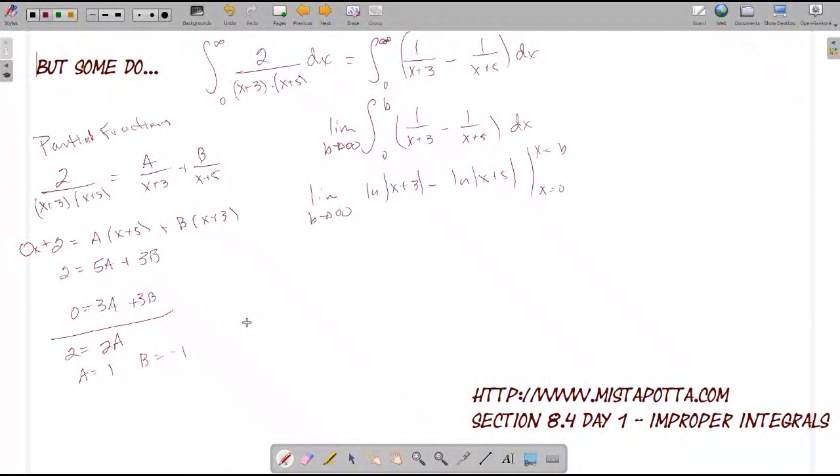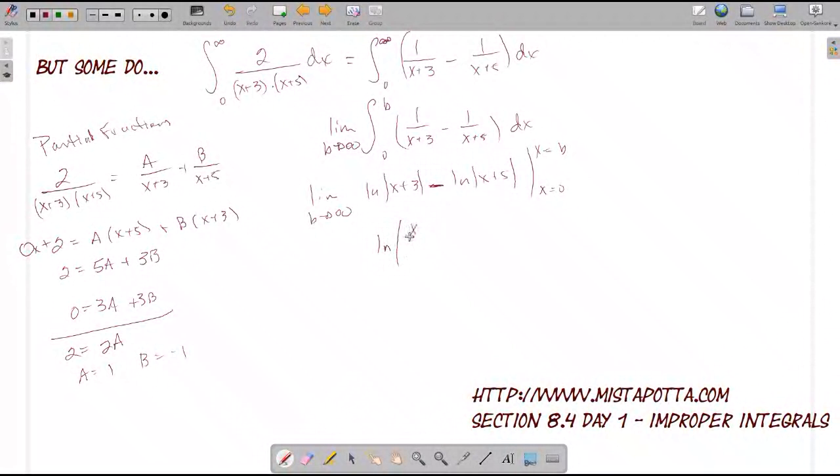The issue here is that in our previous example, we saw that natural log was something scary because we know that the natural log function increases without bound. But we also notice that when we subtract logarithms, we can put the argument together.